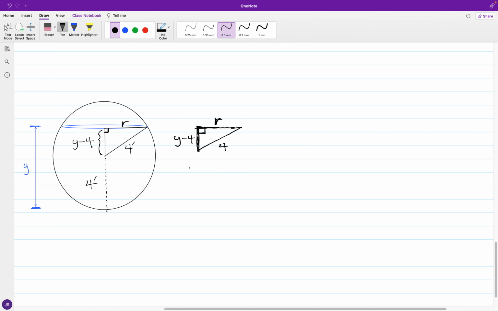And setting things up, now with the right triangle, the radius 4 is going to be the hypotenuse.